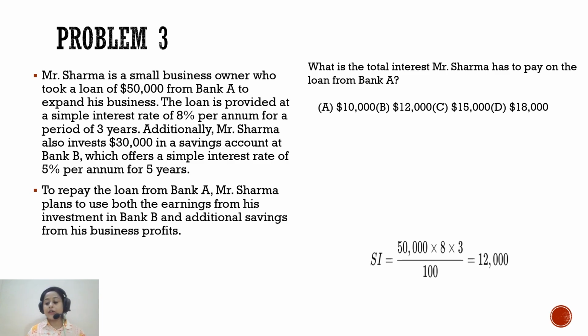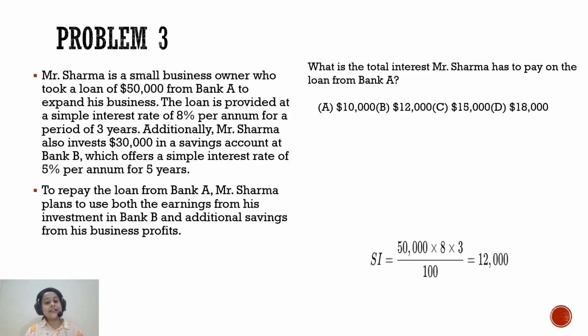The loan is provided at a simple interest rate of 8% per annum for a period of 3 years. Additionally, Mr. Sharma also invests 30,000 in a savings account of Bank B. So he has a loan as well as an investment in a savings account at Bank B.